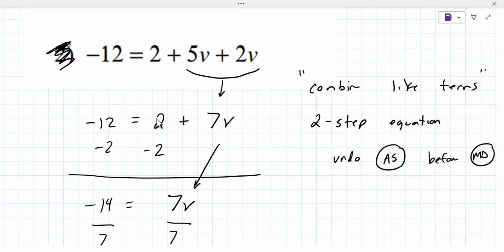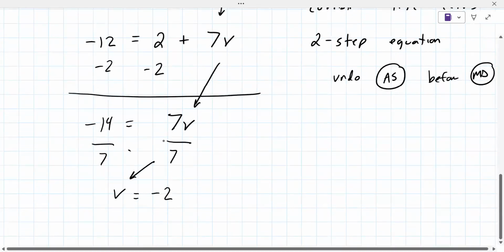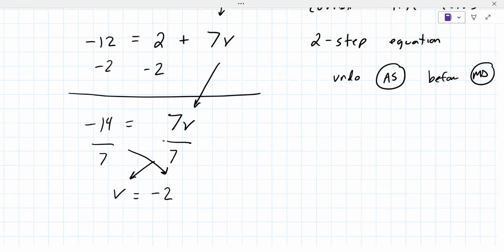So the 7v over 7 would just become the v? Yeah, it's just v and you switch sides just because usually the variable goes on the left. And then -2.